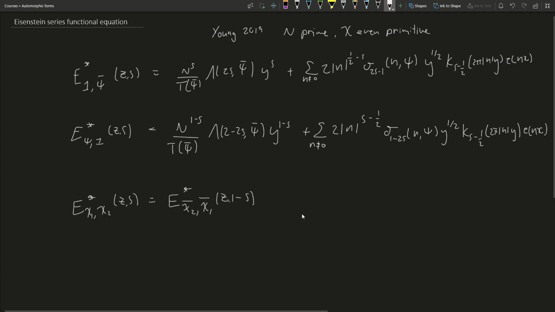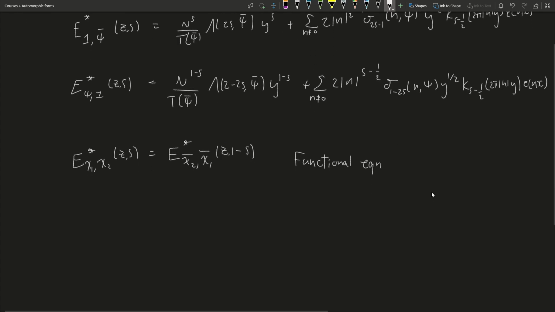So this was the functional equation. And this is very easy to prove, so let's prove this by just looking at these Fourier expansions.